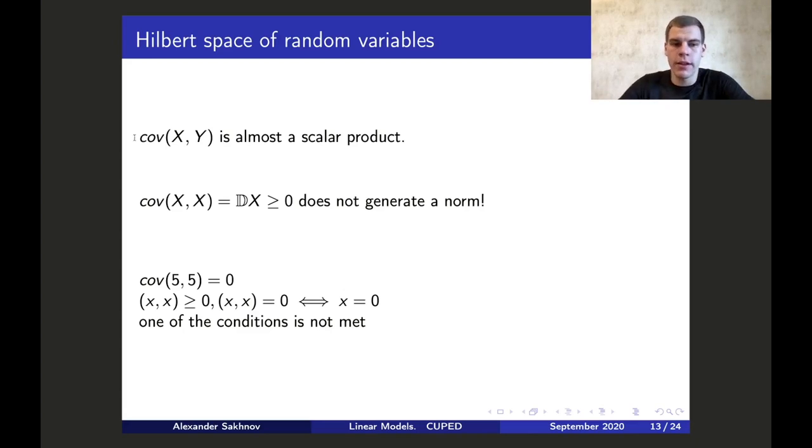But if we find the covariance of the random variable 5 with itself, it's the variance of a constant and it's equal to 0. So one of the conditions is not met. Our random variable is not equal to 0, but its scalar product with itself is, and it's bad.